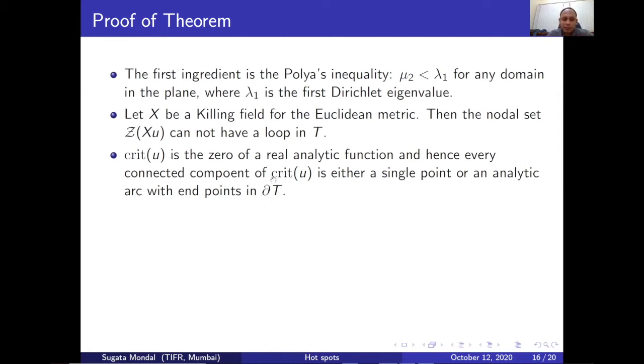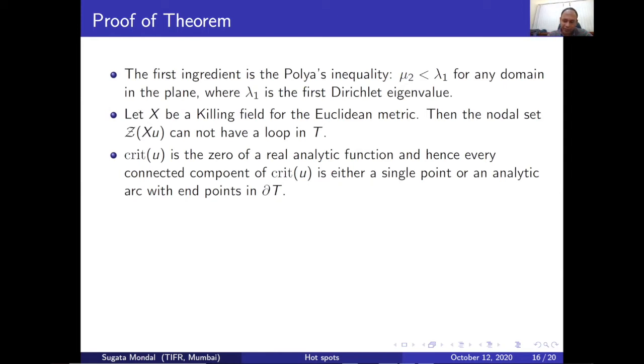And then since, as I had said, this u is actually a real analytic function, this Q would be the zero set of a real analytic function in the interior of the domain. There are some issues at the vertices. Since the eigenfunction satisfies the Neumann boundary condition at the sides of the triangle, there's a reflection symmetry.